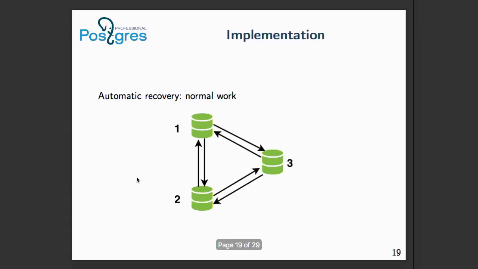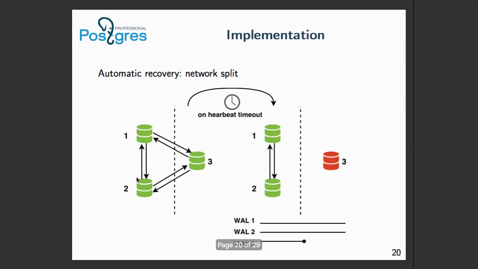Okay, so let me show how recovery actually works. In case of some problems with the network, for example, we have a cluster of 3 nodes, and suddenly the network stopped working for node 3, but node 3 is actually working itself, so it should stop receiving writes.